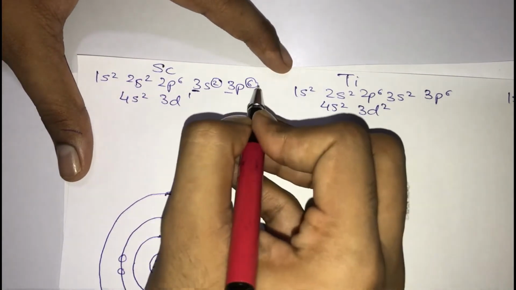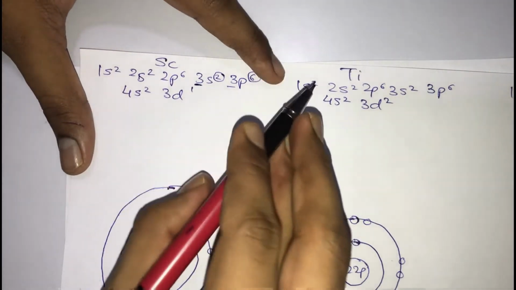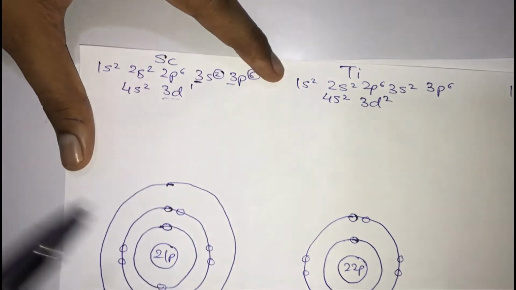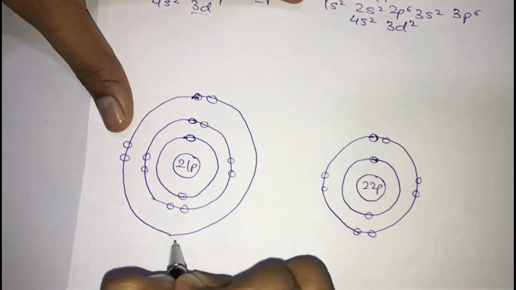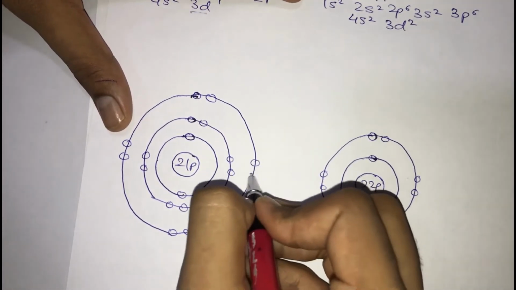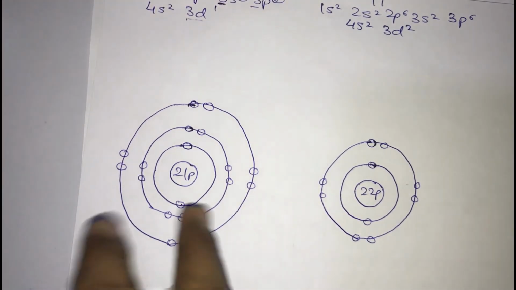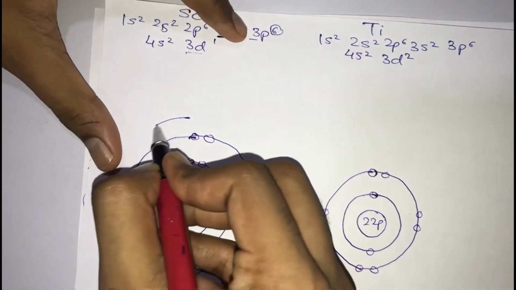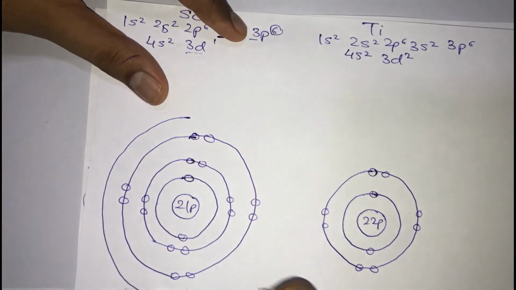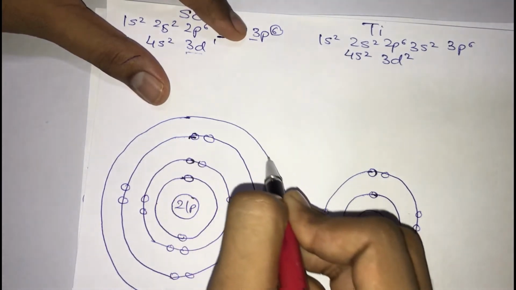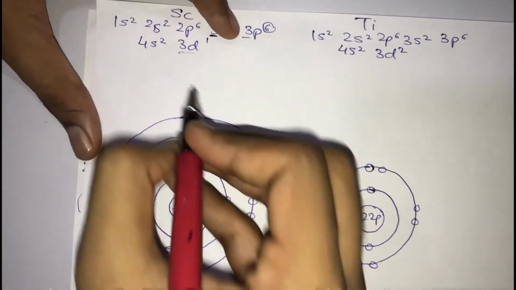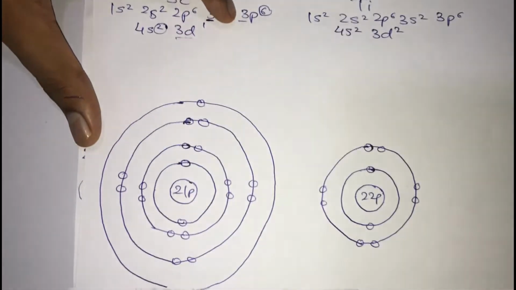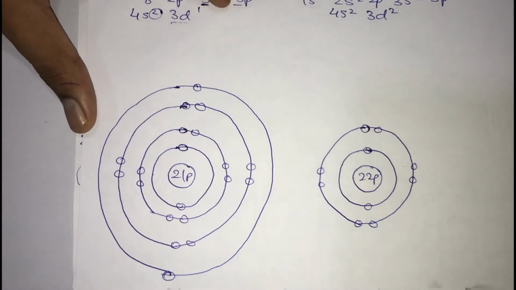I am not considering the 3d for a while. Okay, 2, 4, 6 and 8. And in the fourth energy level there are 2 electrons, the first electron and the second electron. Is this clear? Till here it is easy.